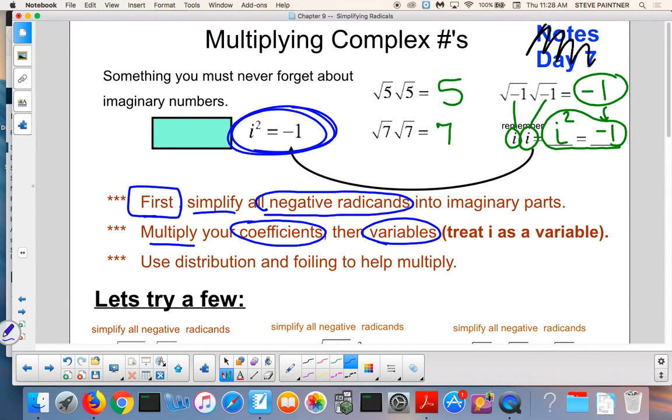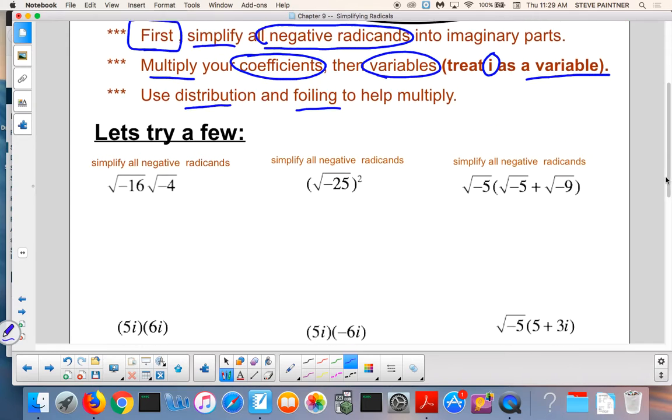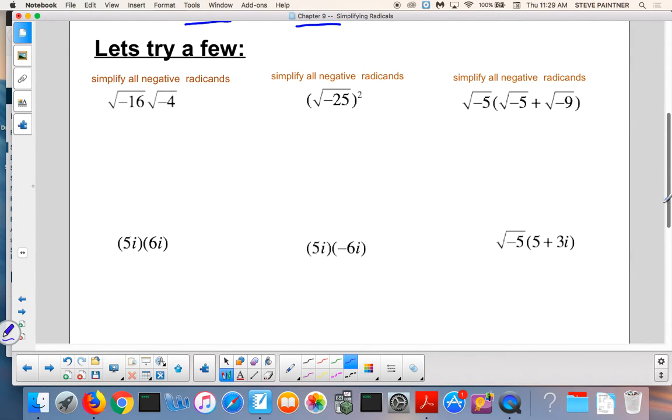Treat your imaginary number as a variable. So just remember, I is like a variable. Use the distribution property and the FOILing property to help you multiply. Now guys, come back here and read this when we're all done, and you'll go, oh my gosh, this makes sense now. Right now it doesn't make much sense to you, but you will understand it in about 5 minutes.